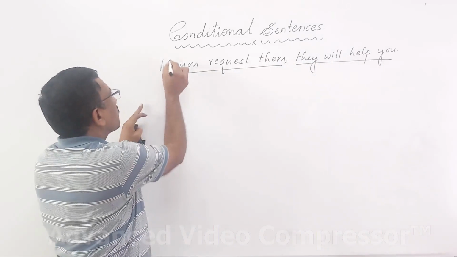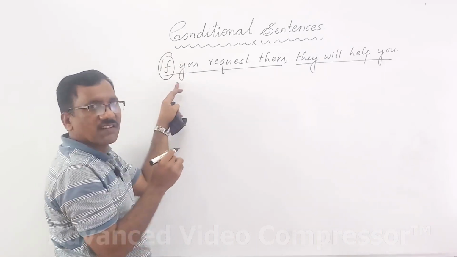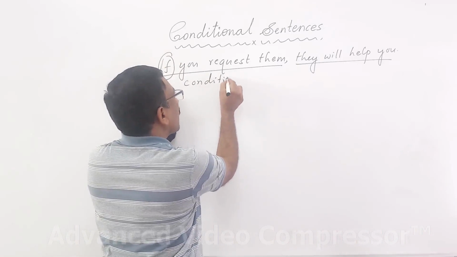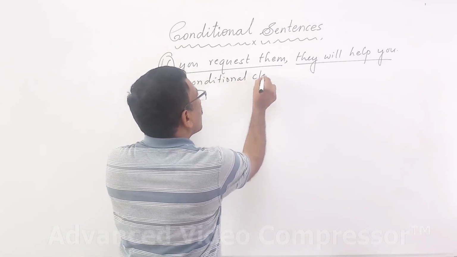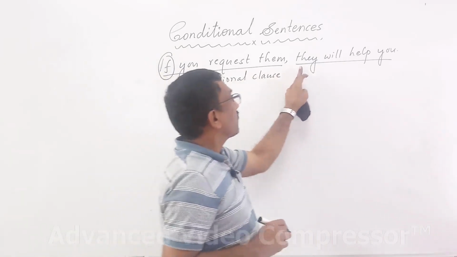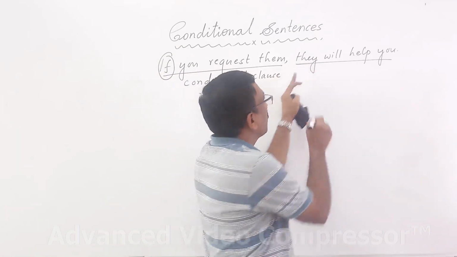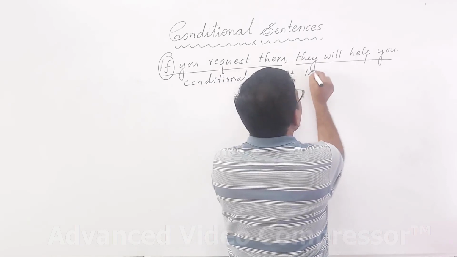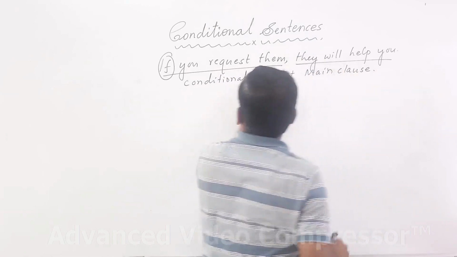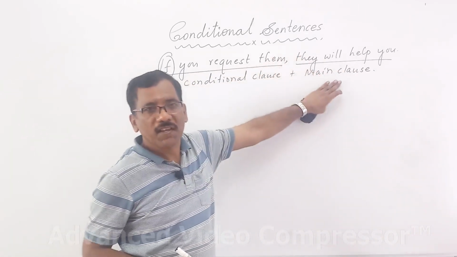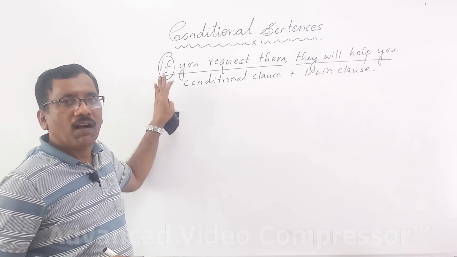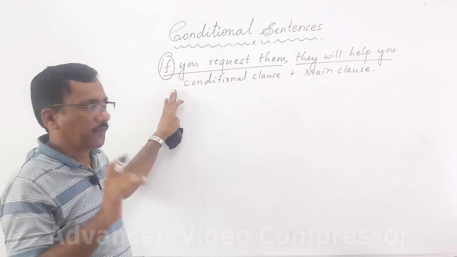A clause which begins with if is known as the conditional clause, and the clause which begins with the subject is known as the main clause. Conditional clause plus main clause. Such sentences, I told you, are called conditional sentences.